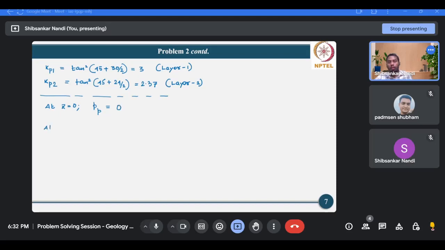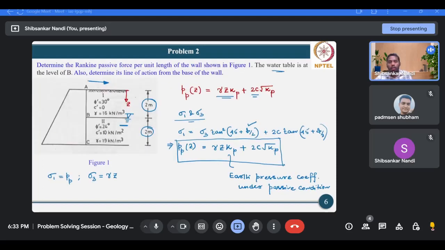Now we'll come to z equals 2 meters. What will be Pp? Pp will be gamma 1 H1 Kp1 plus 2c1 root Kp1. What is H1? H1 is the thickness of the first layer or top layer.